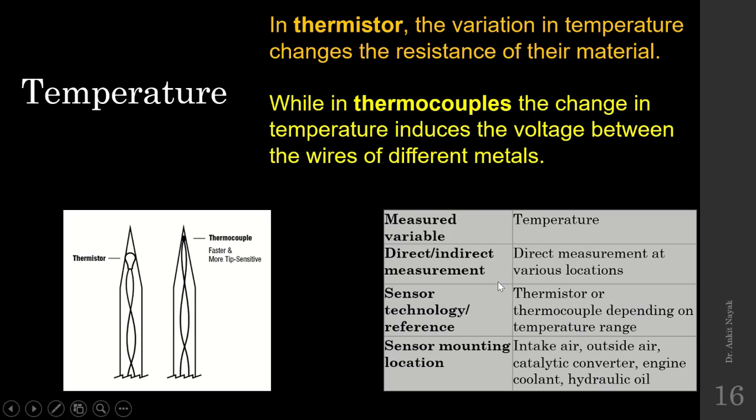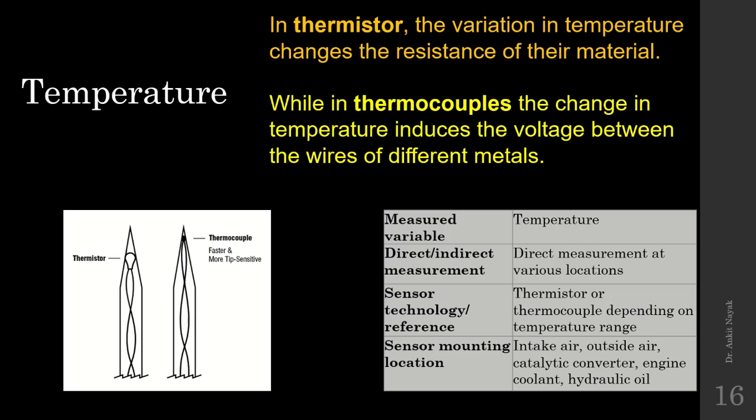So for the temperature measurement, the direct or indirect measurement, we can do the direct temperature measurement at the various locations, and as sensor technology reference, thermistor or thermocouple we can use depending on the temperature range. The sensor mounting location is at different places where we require to measure the temperature.